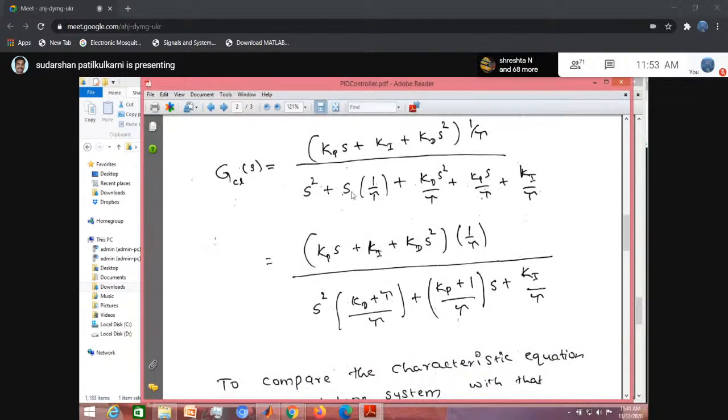If you check the denominator, the coefficient of S square is Kd by tau plus 1, so that will be Kd plus tau divided by tau. The coefficient of S is Kp plus 1 divided by tau, and the constant is Ki by tau.